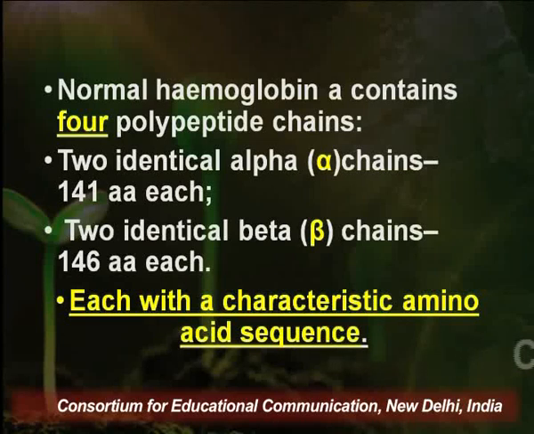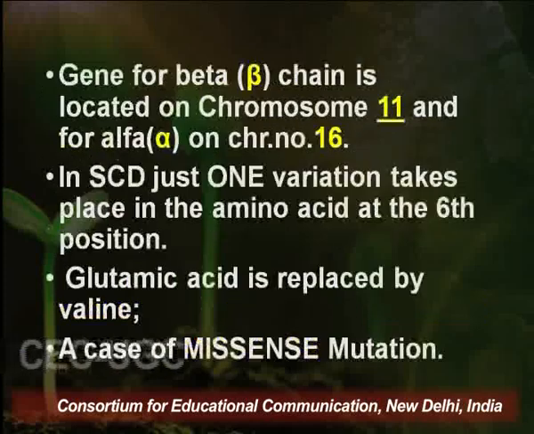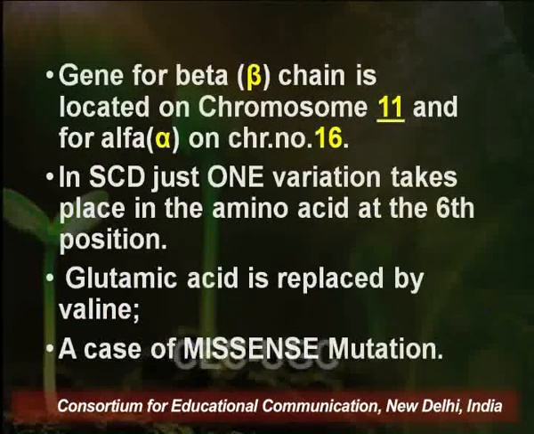Now, each of them has a characteristic amino acid sequence, and incidentally they are controlled by genes which are present on different chromosomes. For example, the gene for beta is located on our chromosome number 11, whereas the alpha is on chromosome number 16.